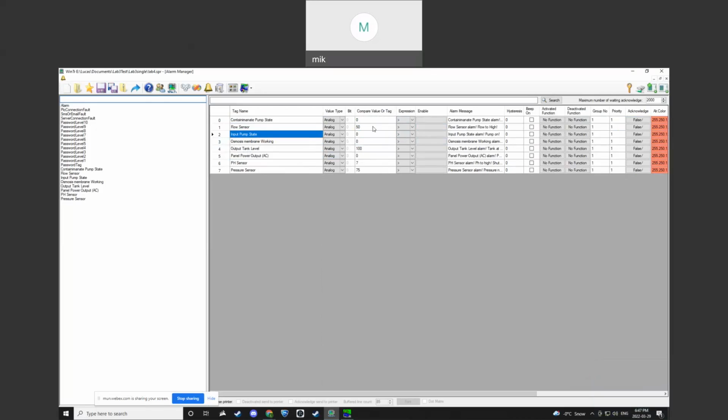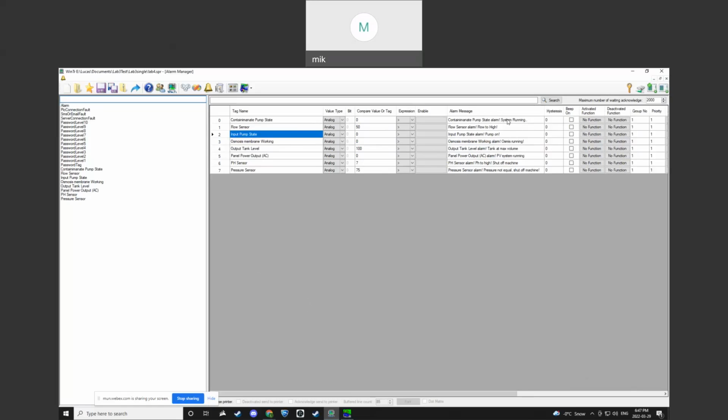So I have the compare values set to 0. Anything above 0 will give an alarm. However, really the alarm is just telling us that the pumps or the osmosis is working.